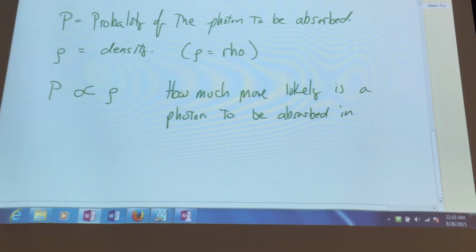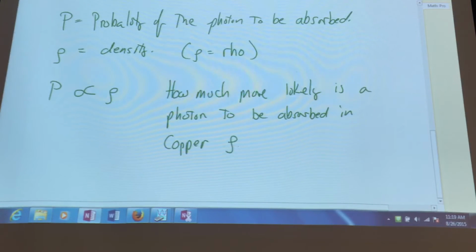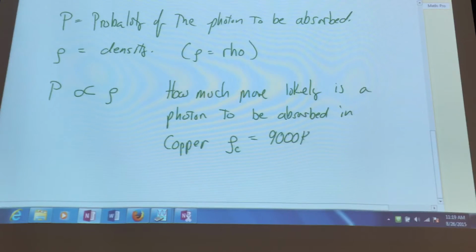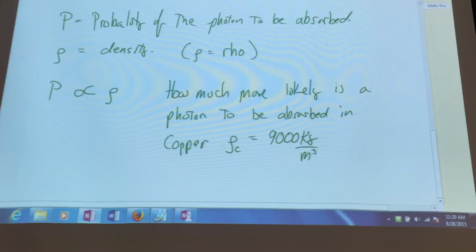Soft tissue? Well, I'm just trying to remember a couple of numbers. I would like to use a couple of typical metals. How about copper, which has a density of approximately 9,000 kilograms per meter cubed.